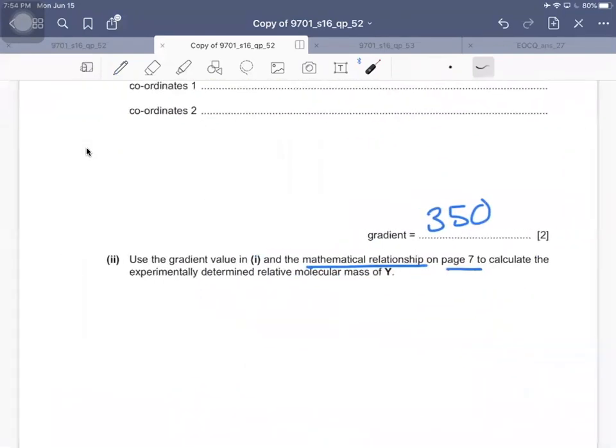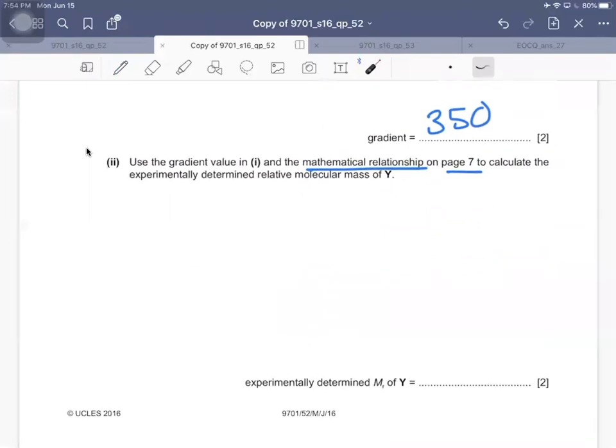Of course, your Mr cannot be a funny number like 0.0 something. Okay, 87.7. That sounds good. Any more?